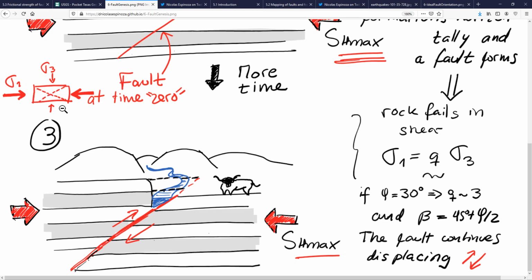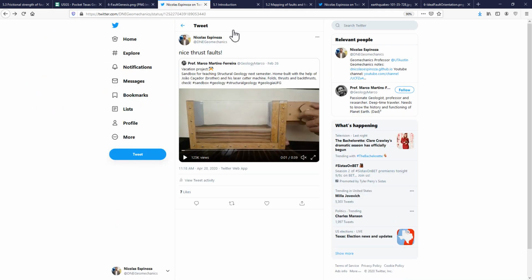So this orientation is the same as this one. Let me show an example that is a video that shows this process at a much smaller scale, but anyways, it's very illustrative.